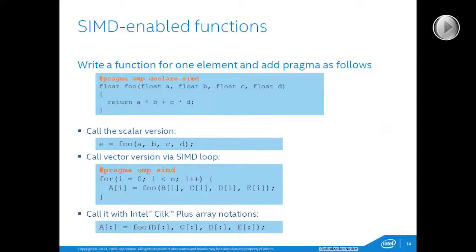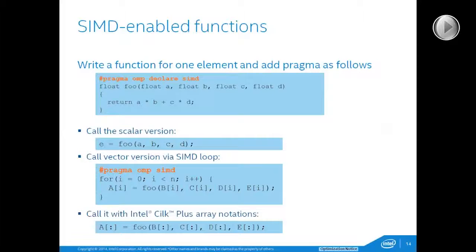Just to show you how it looks from the code perspective, here it is. In the first blue box, you have this function foo. Let's assume that the pragma OMP declare SIMD is not there right now. If you neglect that line, it's a simple function which accepts some float scalar arguments, does the processing and then returns a float value as a result.